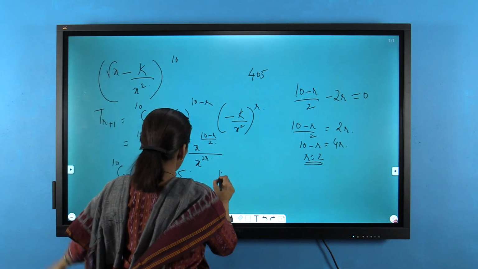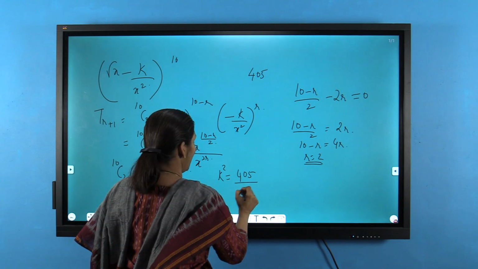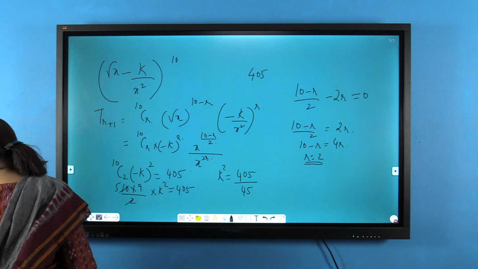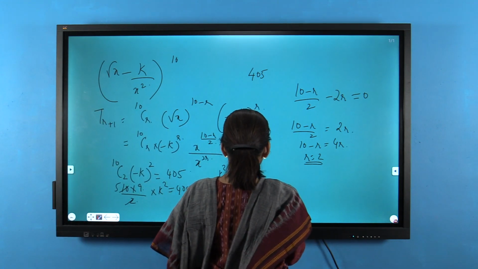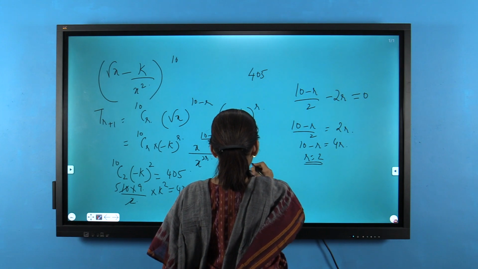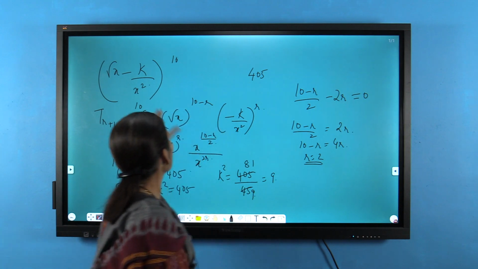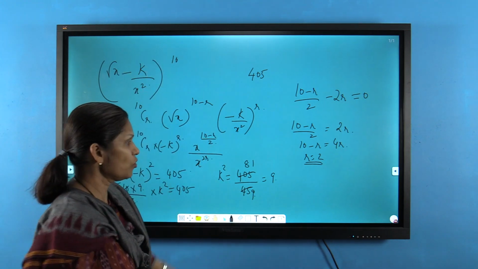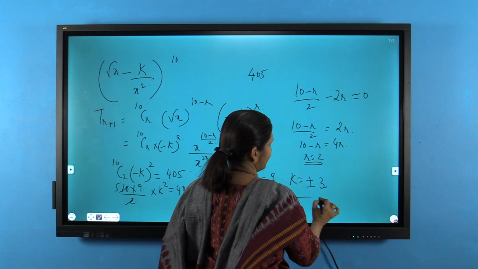So, k squared is 405 divided by 45. 45 goes 9 times, this is 81, k squared is 9. k is just the coefficient of x, so k can be negative also. So, the values of k are plus or minus 3.